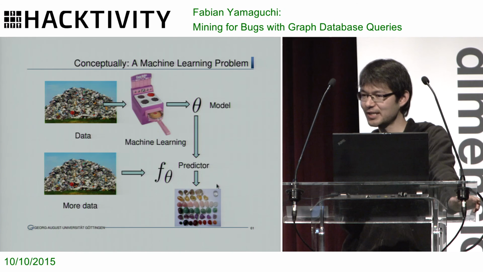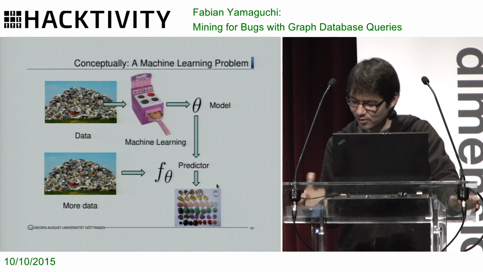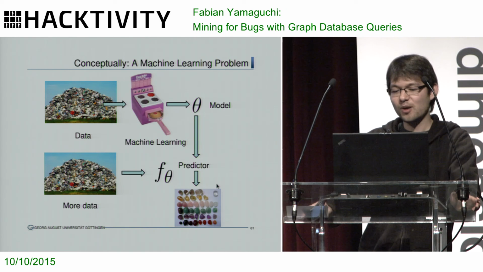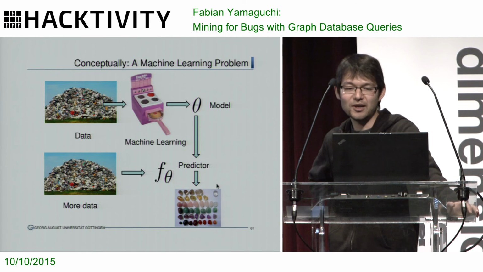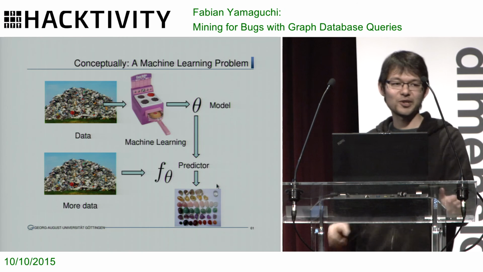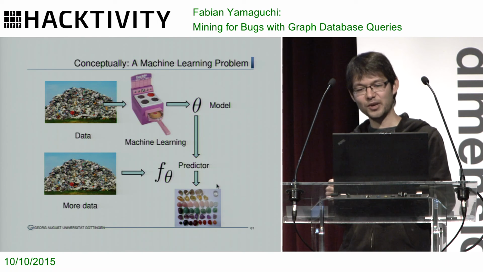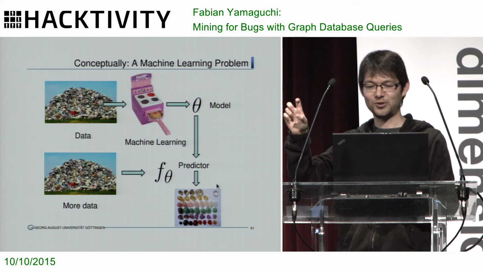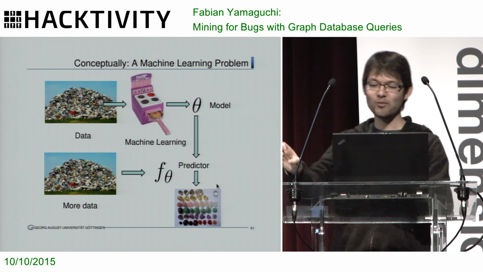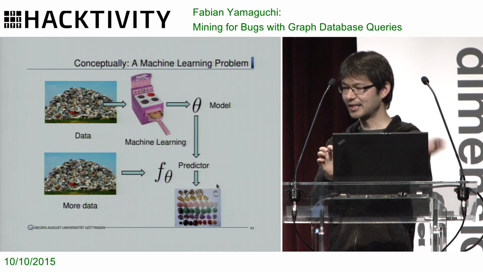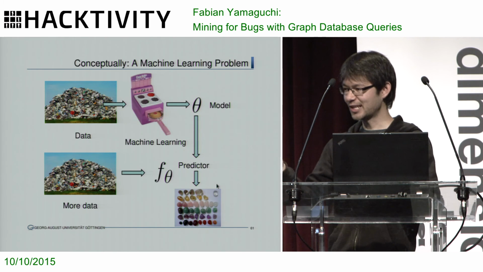Now, conceptually seen, this is a machine learning problem. What does machine learning mean? Well, it really just means you take data, you put data into your system, and it creates this model for you, so this driver. And then it uses that model to instantiate a predictor. And the predictor is a poor thing. It gets more of this data, and it needs to somehow make sense of this data.